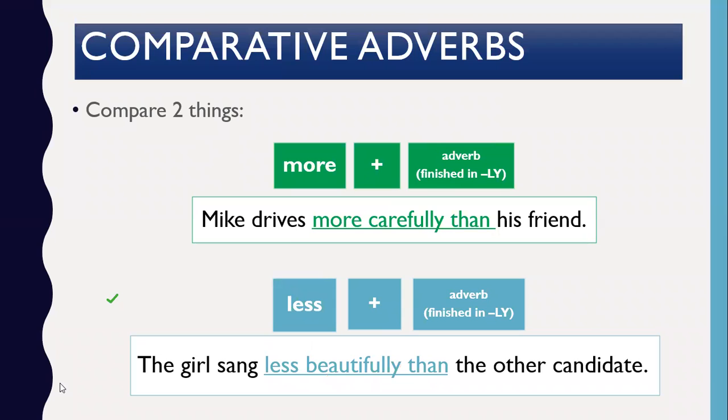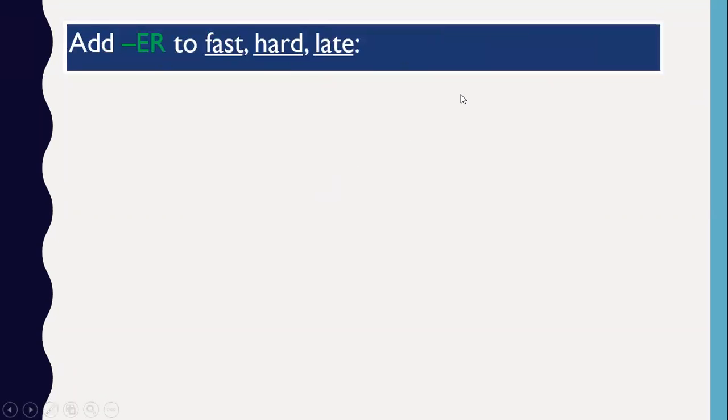Next, let's go to the next part. Now, fast, hard, and late are also called adverbs. The new computer is faster than the old one.